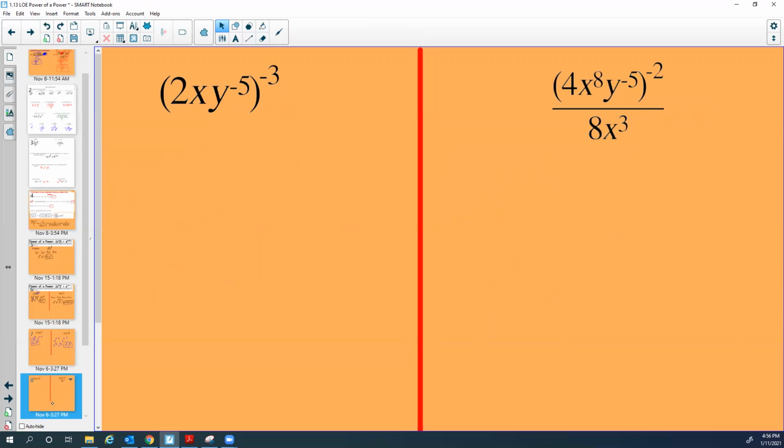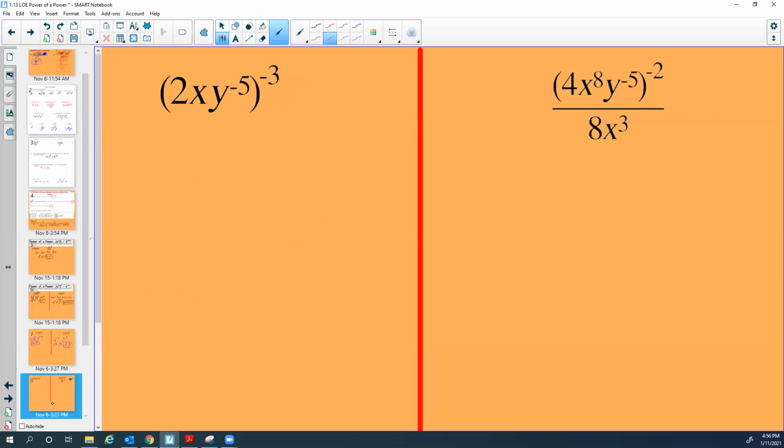All right. Now, if I have negative exponents, can I still do this? Yes, I can still do this. Now, if you want to go ahead and move everything to the bottom if it's on top, and if the stuff's on the bottom, move it to the top first, that is okay.